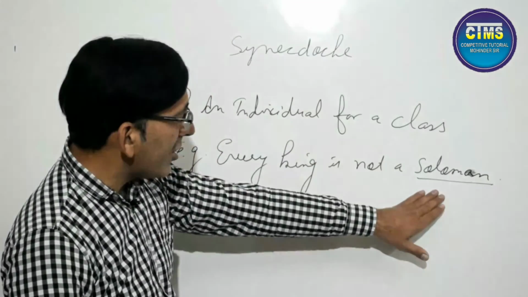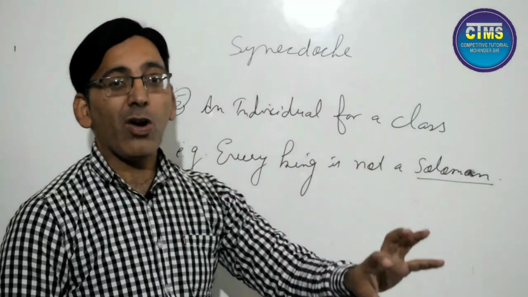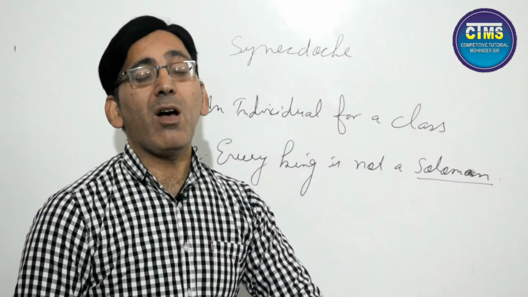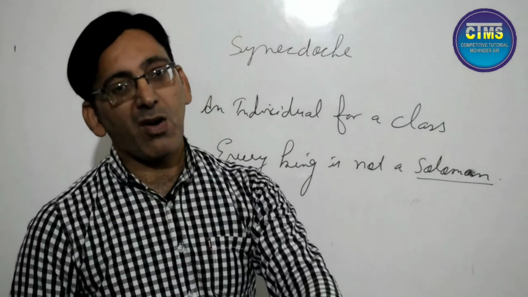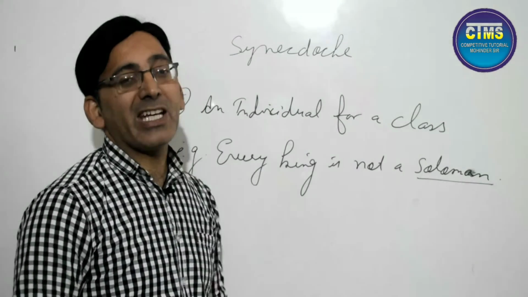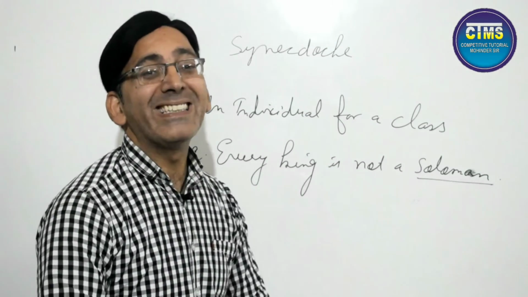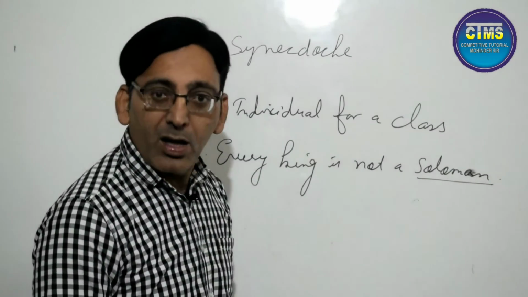So here we are using the proper noun as a common noun. We are using Solomon as a symbol of what? Wise man. So every king is not a Solomon means every king is not a wise king. So here we are using proper noun as a common noun.